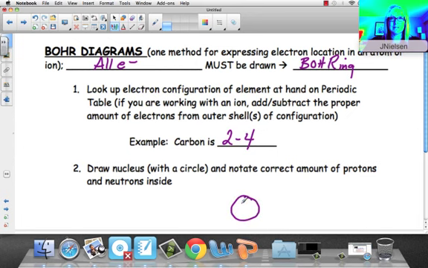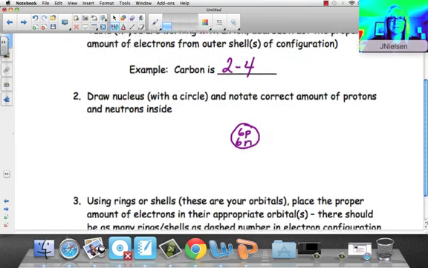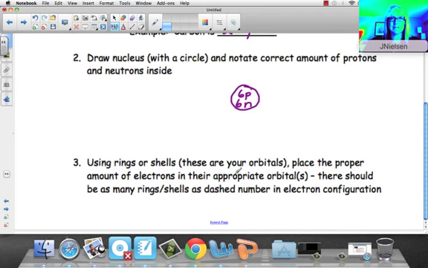So carbon has 6 protons. Its mass number is 12, and 12 minus 6 is 6, so that's 6 neutrons. And then we're going to use the rings or shells, these are your orbitals, and place the number of electrons in their appropriate orbital. So remember that we said it was 2, 4. Carbon is 2, 4. So we've got 6 protons, 6 neutrons.